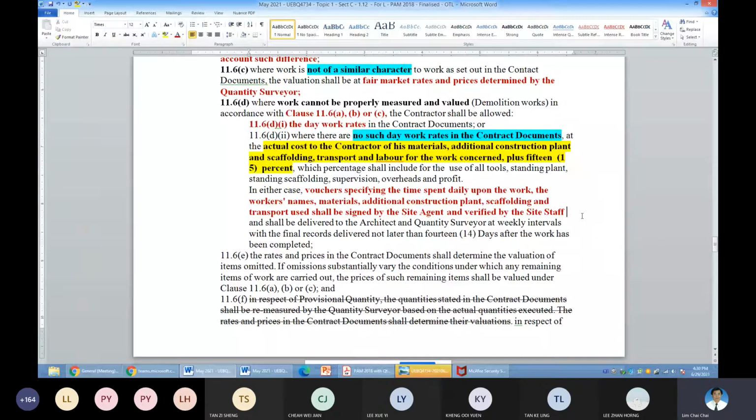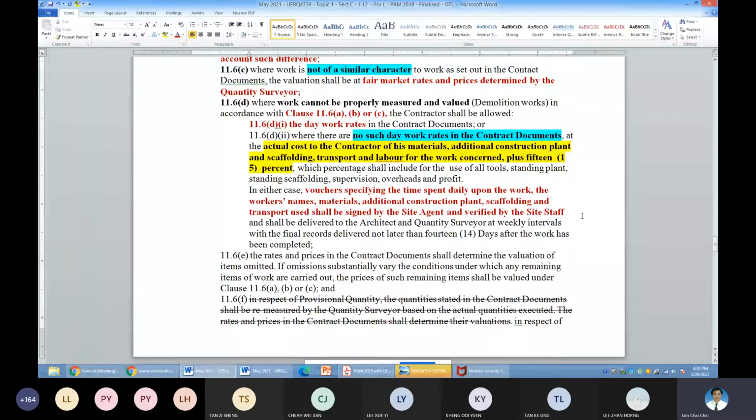For a simple reason, you can never win this argument, because the contractor will raise it up. How can you know that it is not correct if you are not present at the site all the time? So this is something important. These are the important points that you need to remember. I've seen a lot of QS working at the project site.